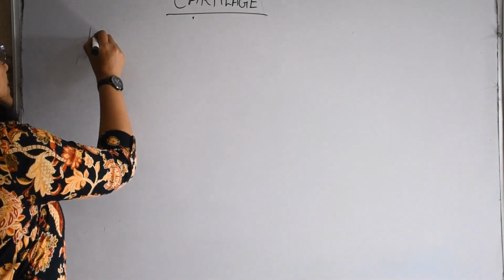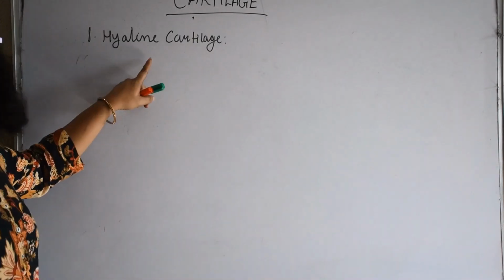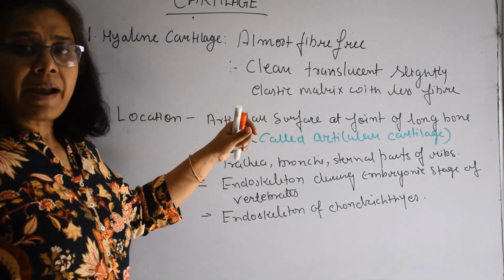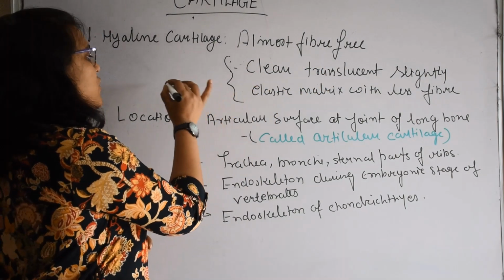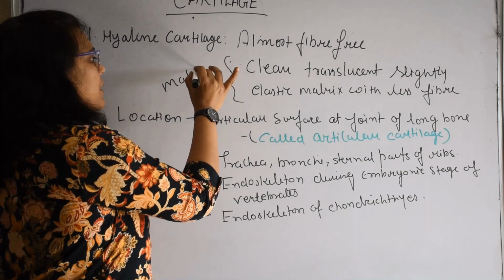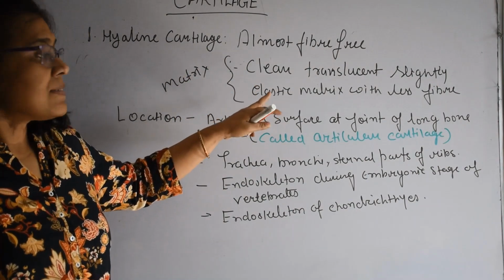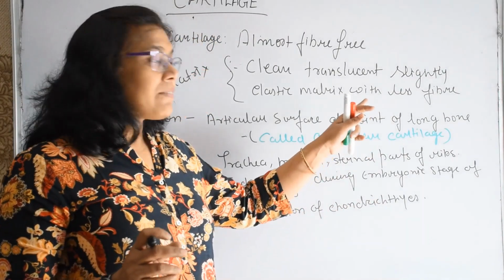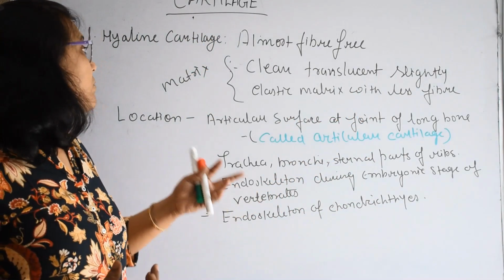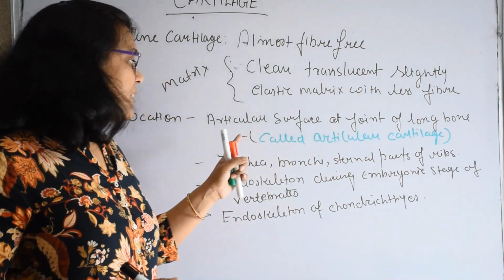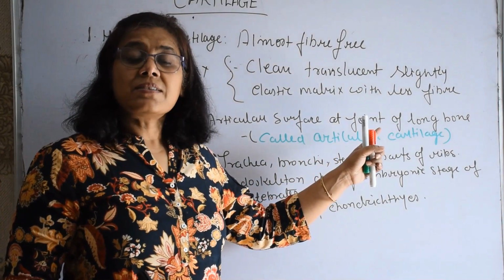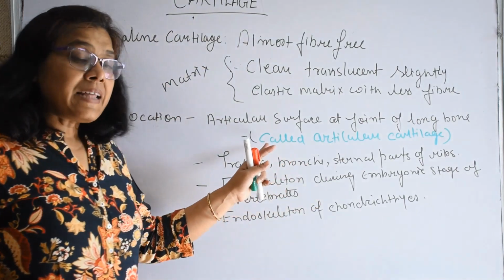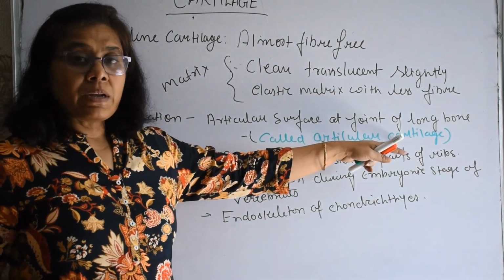The first one is hyaline cartilage. It is almost fiber free, and the matrix present in the hyaline cartilage is clear, translucent and slightly elastic with less fiber. Location of the hyaline cartilage: it is present at the articular surface at the joints of long bone, and that's why it is also known as articular cartilage.